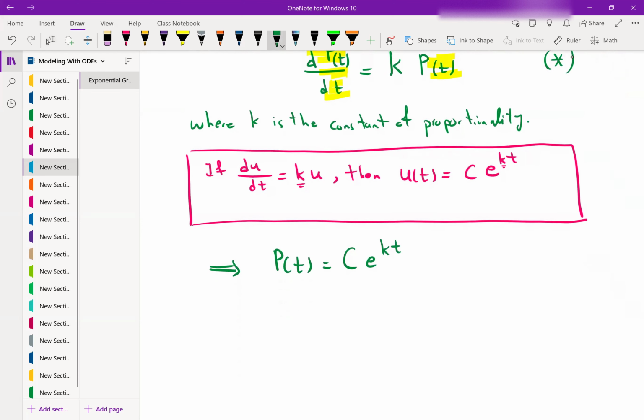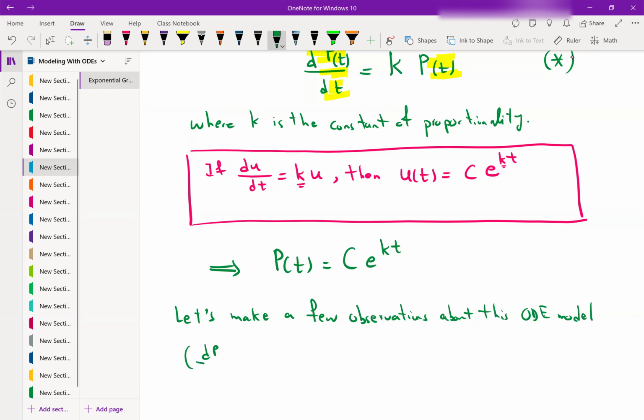So, let me make a few comments about this equation. Let me actually write this. Let's make a few observations about this ODE model for population dynamics.